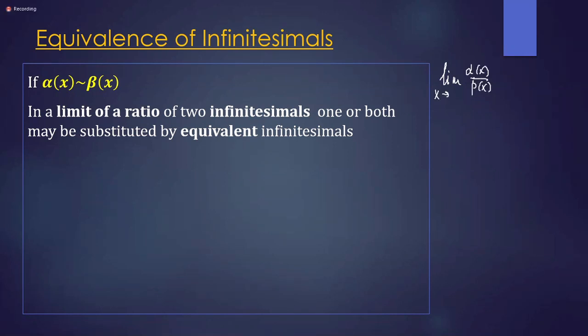It means that as x tends to that special value x0, these infinitesimals are not only both approaching 0, but they are so very similar that they are basically the same for very small values of these infinitesimals as x approaches whatever it approaches.